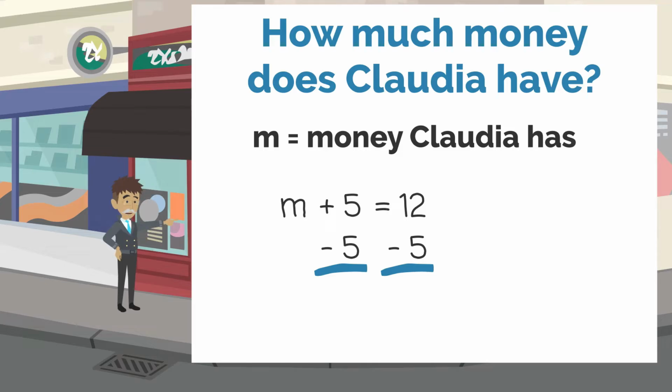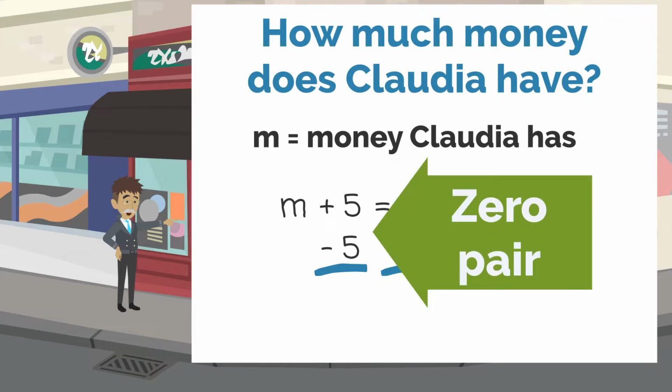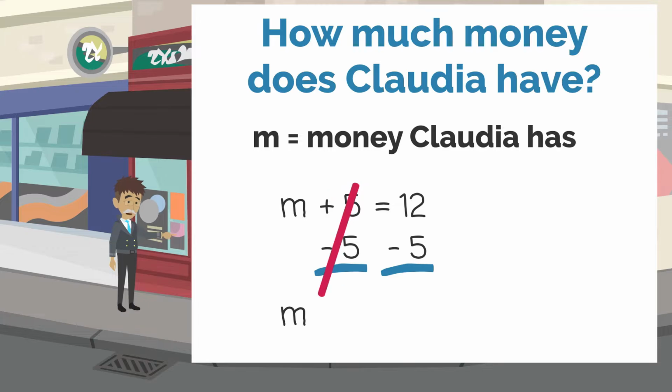We can combine the like terms of plus 5 and minus 5 on the left side. Simplifying the left side of the equation leaves the variable alone. Next, we simplify the right side. 12 minus 5 is 7. This leaves us with the statement m equals 7. Since I isolated the variable, I now have the solution.